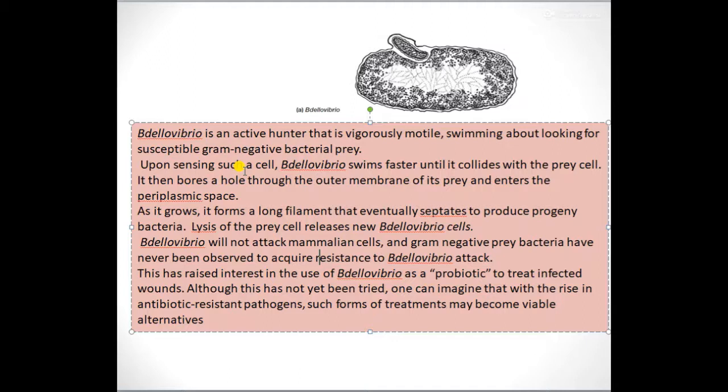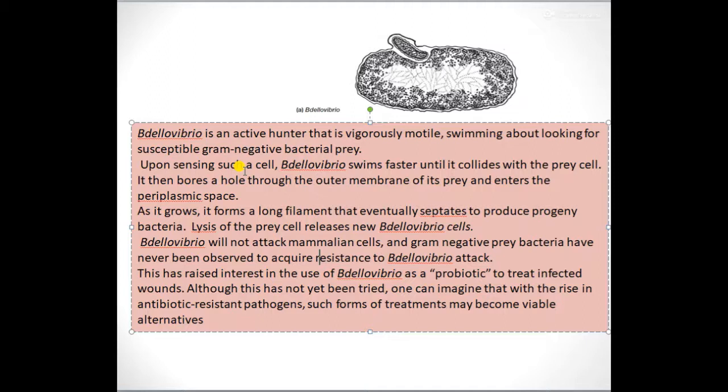Now, as I mentioned earlier, Bdellovibrio will not affect the mammalian cells, but will affect only gram-negative cells. And gram-negative bacteria have never been observed to acquire any resistance to Bdellovibrio attack. So there was interest recently in whether we can use Bdellovibrio as a probiotic to treat infected wounds.